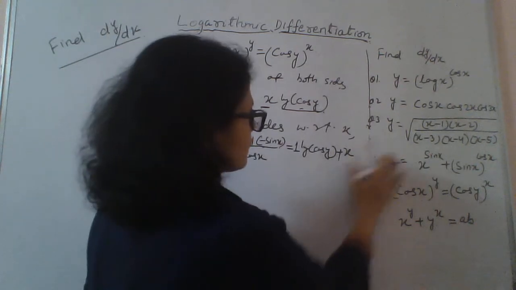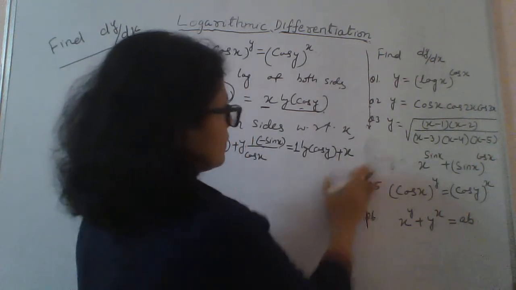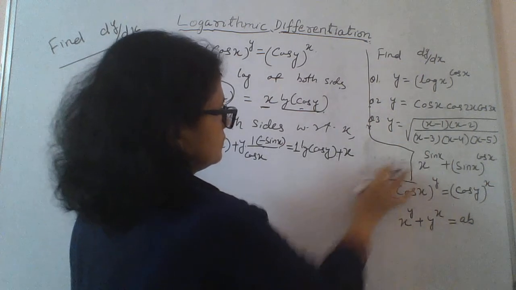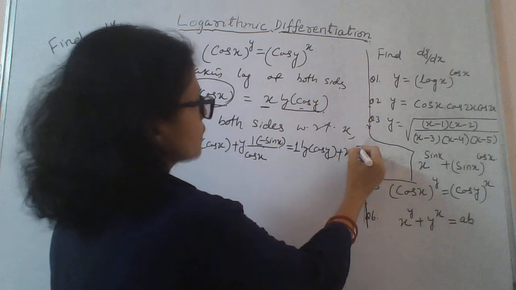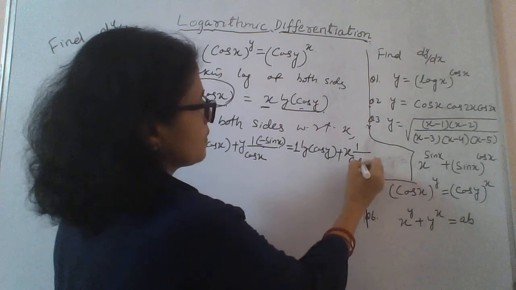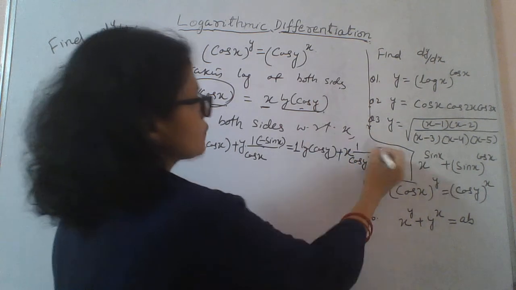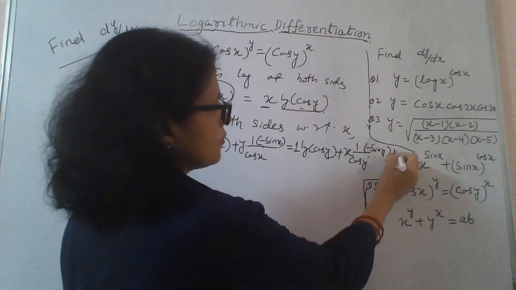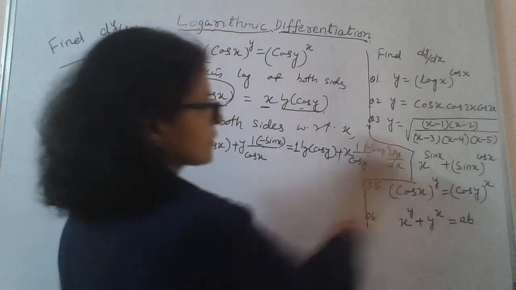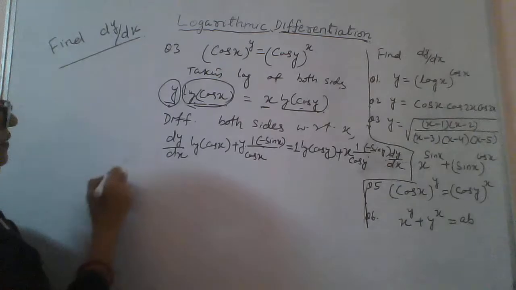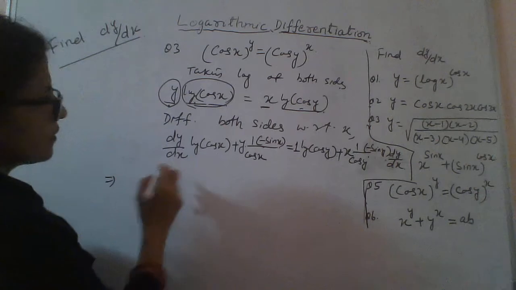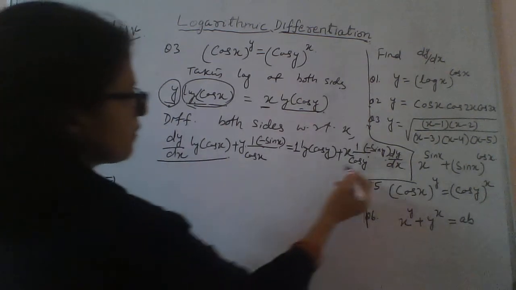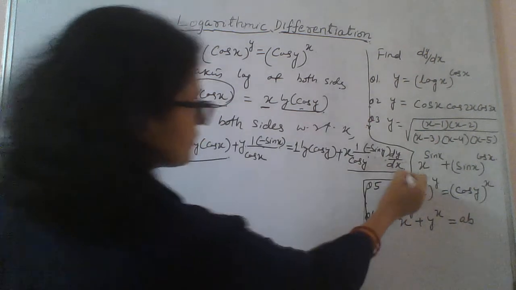Here log cos y with respect to cos y is 1 by cos y, and cos y with respect to y is minus sin y, into dy by dx. So this implies you have a dy by dx term here and a dy by dx term here.